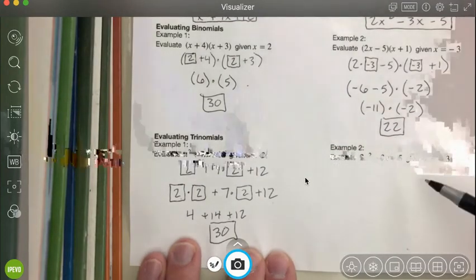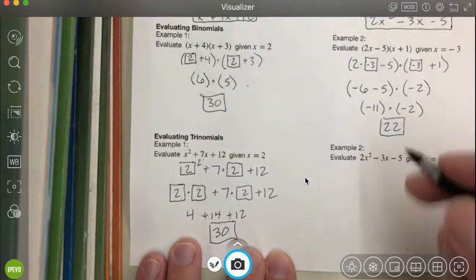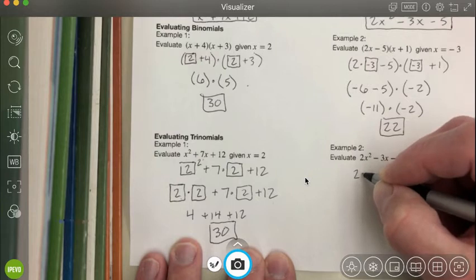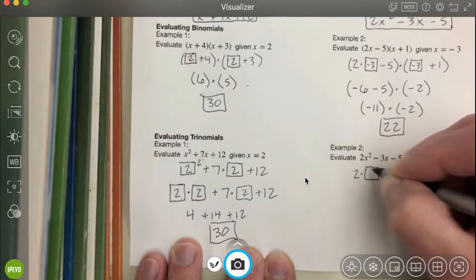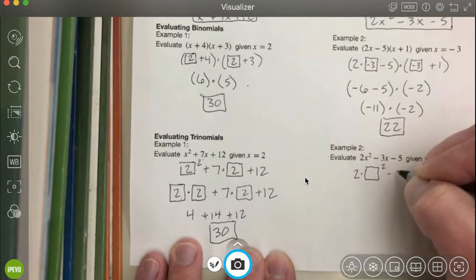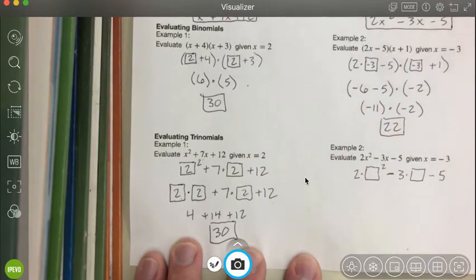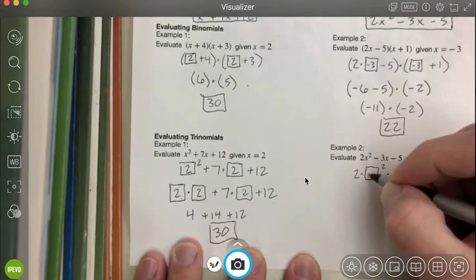All right, so same thing here. This really means 2 times something squared minus 3 times something minus 5. This one gets a little bit trickier. So here I'm saying x should be negative 3.